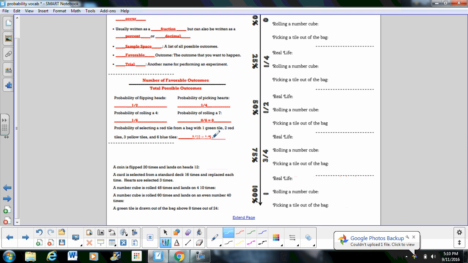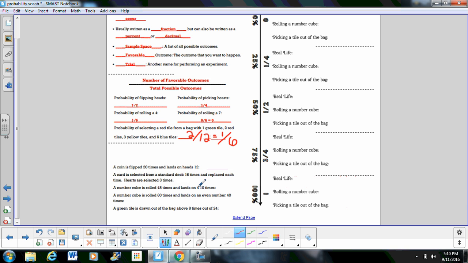It's actually a 2 out of 12 probability because there's 2 red. Let's make our red line. It's going to be a little bit hard to read, but it's 2 out of 12, which equals 1 out of 6.